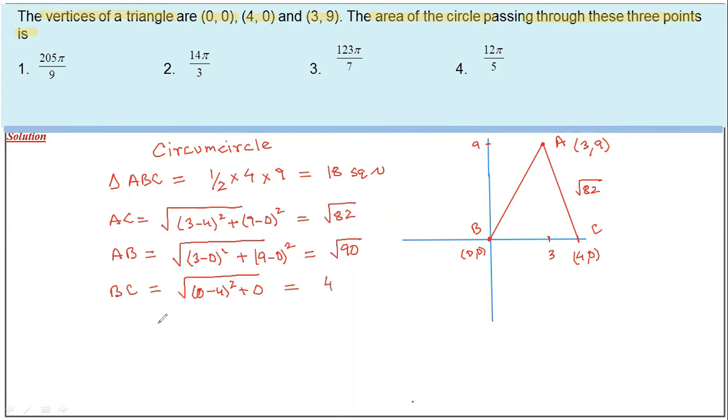Now we know that area of triangle ABC is also equal to the product of the sides by 4 into capital R, where R is the circumradius.